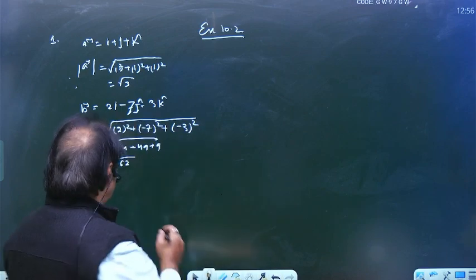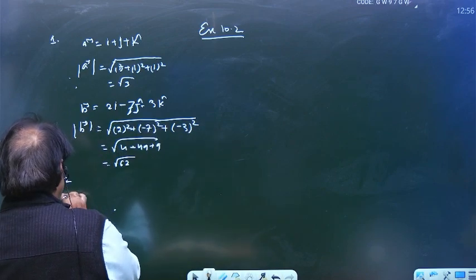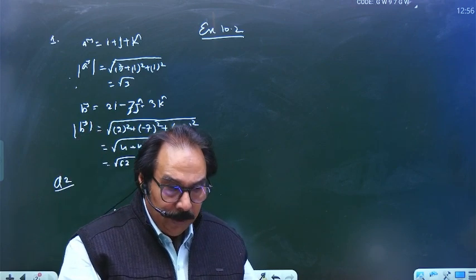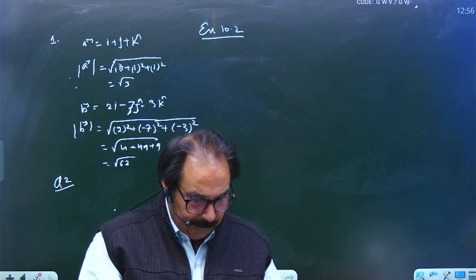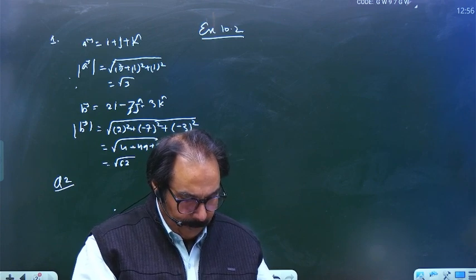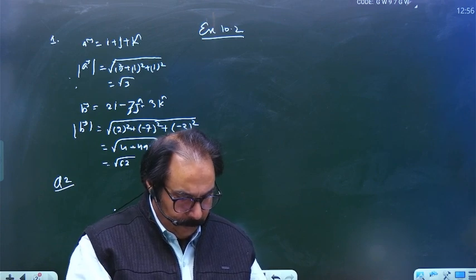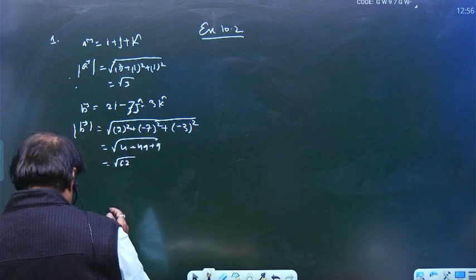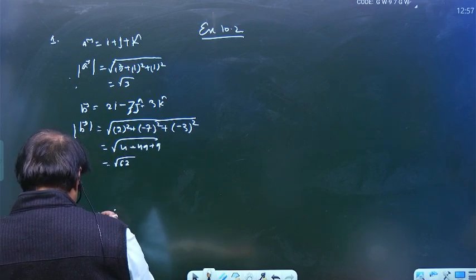Now the next question is question number 2. It says write two different vectors having the same magnitude. So we have to write an example of two different vectors.